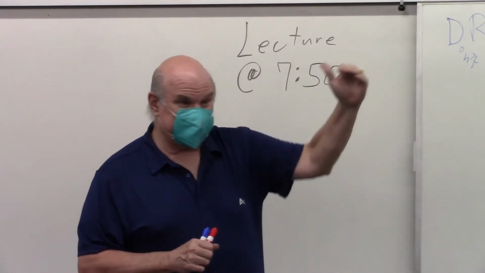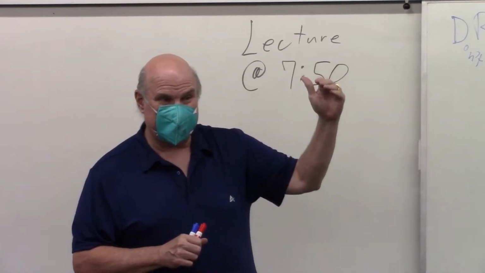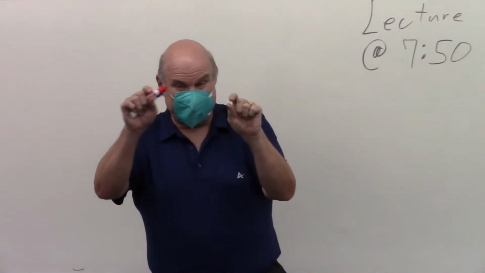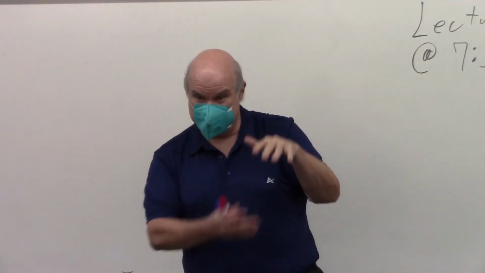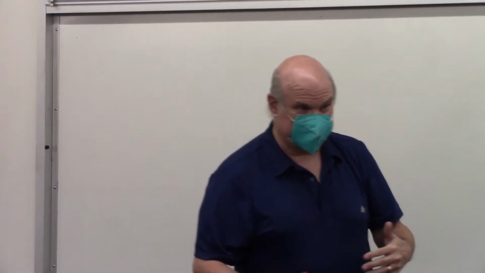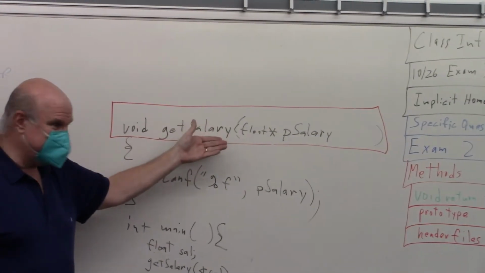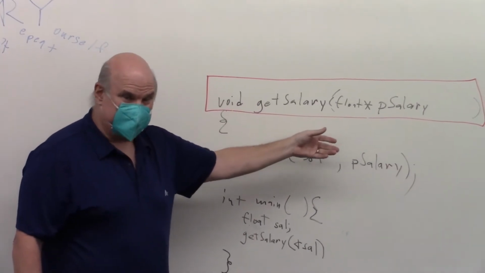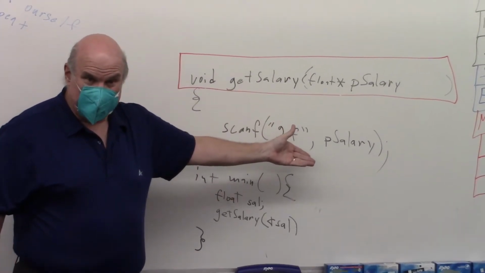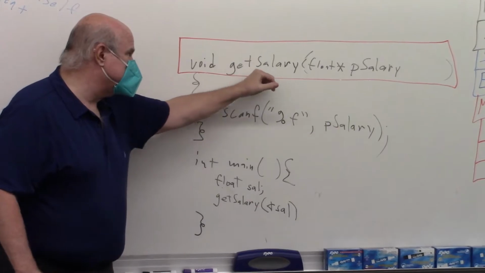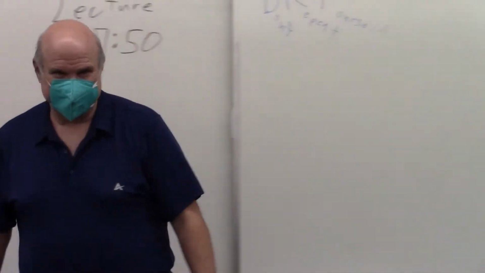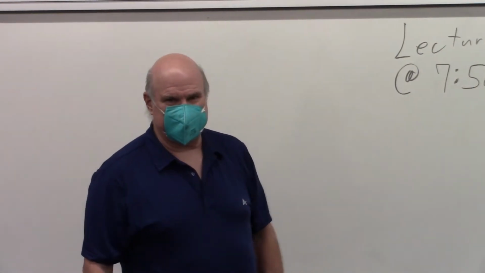So rather than get a salary 5 times, like in program 1, where you said enter salary for employee 1, scanf, enter salary for employee 2, scanf, you did that 5 times. You repeated yourself 5 times. Instead, you can write a single method that gets the salary, prints out a prompt, does 1 scanf, and then you call this method 5 times. That's what don't repeat yourself means.